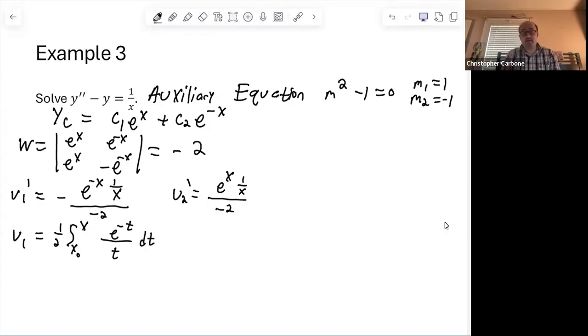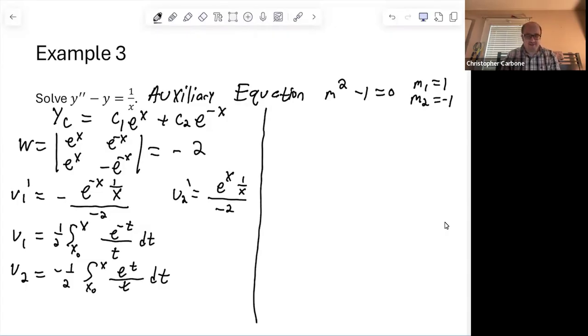And unfortunately, we can't integrate that at all. Likewise, u sub 2 is going to be negative 1/2 times the integral from x sub 0 to x of e to the t divided by t, dt. Likewise, also can't integrate.